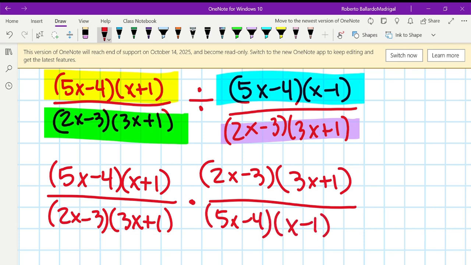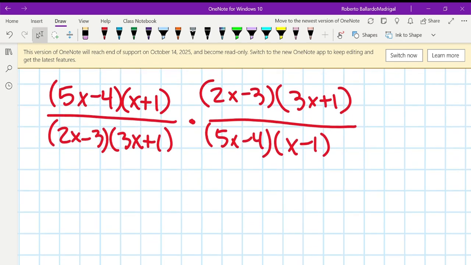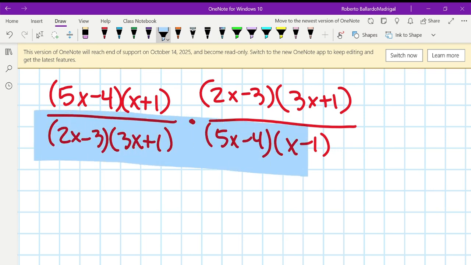So now we have this problem. And you can't cancel out yet. Now you have to find the excluded values for all of these. Yep, all 4 of them. Find the EVs.